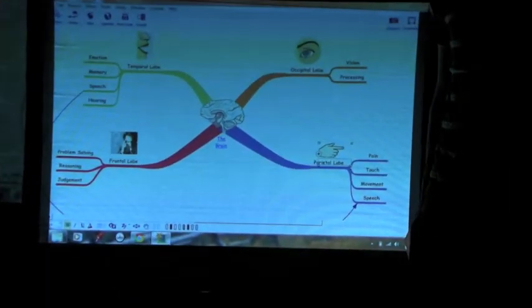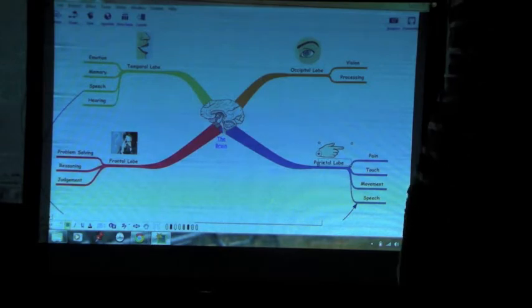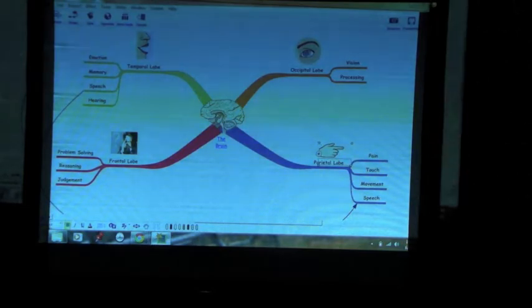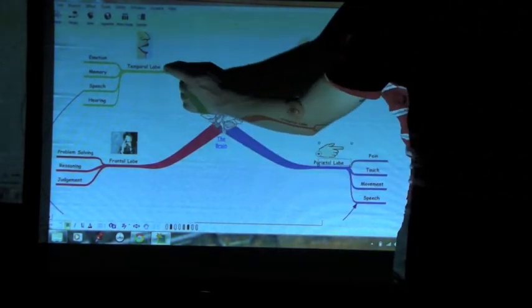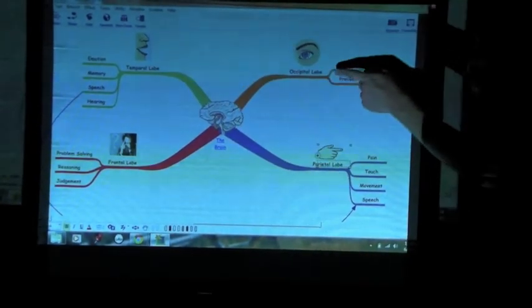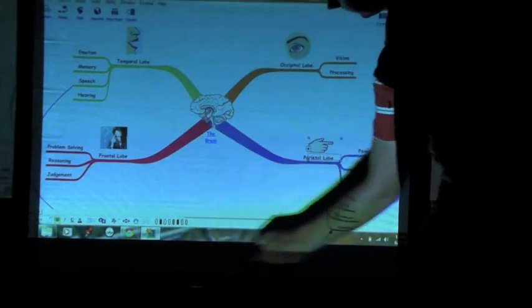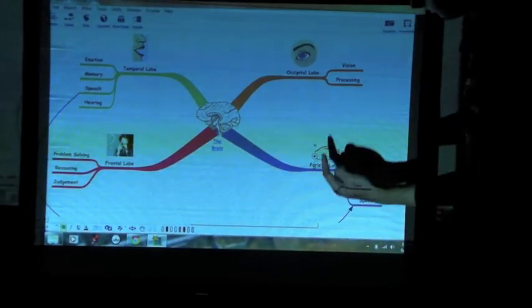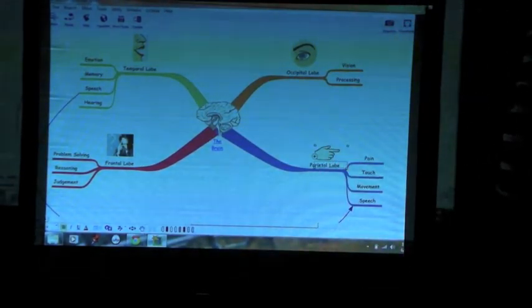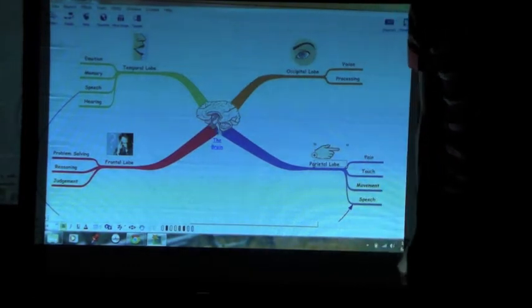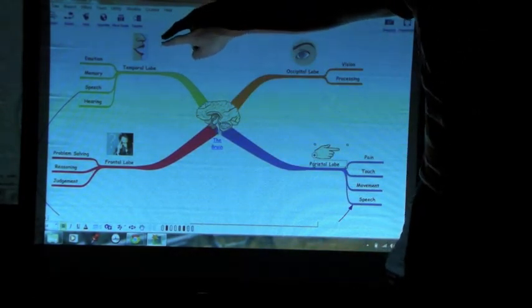So let's take a look back at the parts of the brain that we know. First, the temporal lobe, then the occipital lobe, the frontal lobe, and the parietal lobe. The first visual aid I'm going to give you is for the temporal lobe.